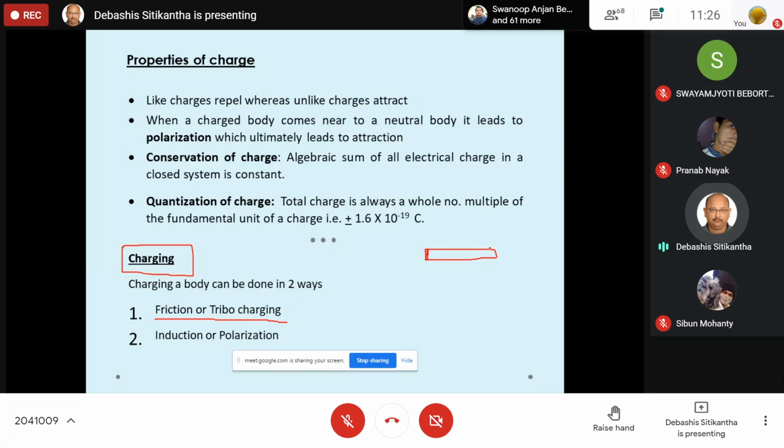So naturally the outermost electrons will be swapped out, and therefore there will be a deficiency of electrons on the surface of the glass rod, and in this way it is going to be positively charged.